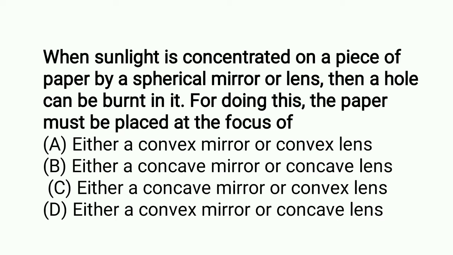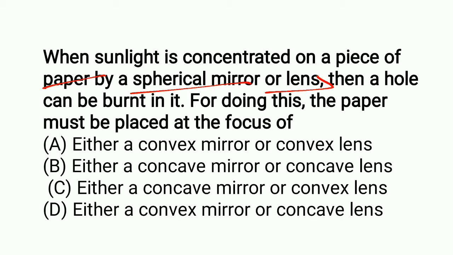Next question. When sunlight is concentrated on a piece of paper by a spherical mirror or a lens, then a hole can be burnt in it. For doing this, the paper must be placed at the focus of what? So in order to burn the paper, it must be at the focus.